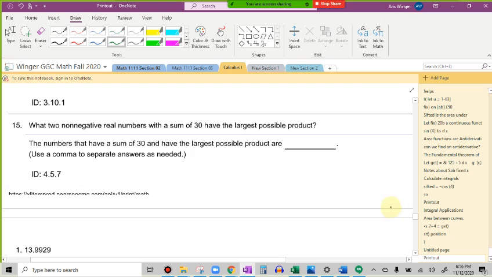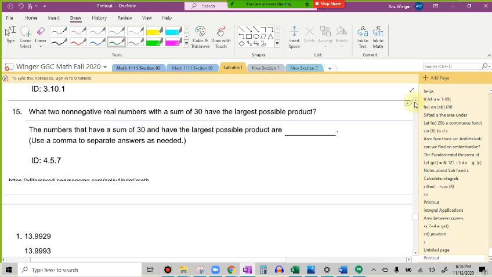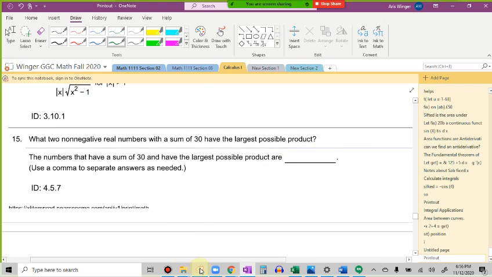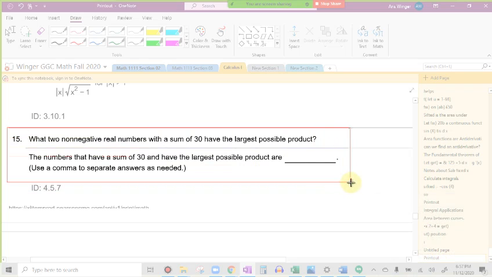Optimization problem, we will do here. Put it on a separate page, and that will be the game.